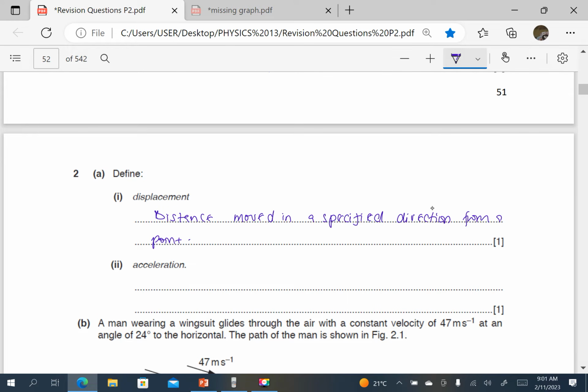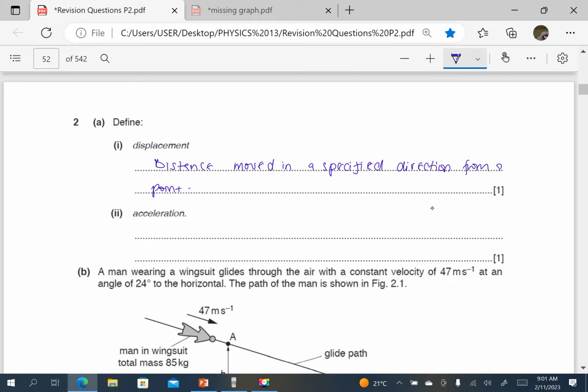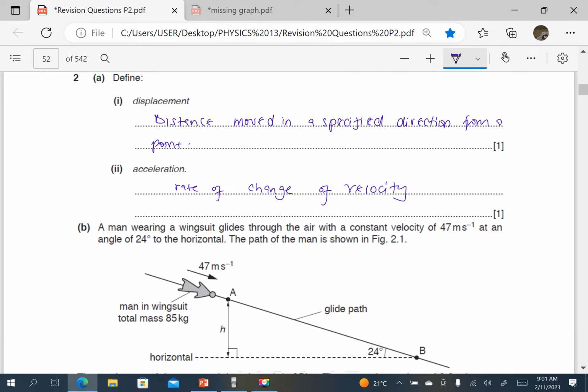By the way, displacement is actually the shortest distance between 2 points. That is displacement, the straight line distance between 2 points. And acceleration, we know that acceleration is the rate of change of velocity. That is acceleration, rate of change of velocity.